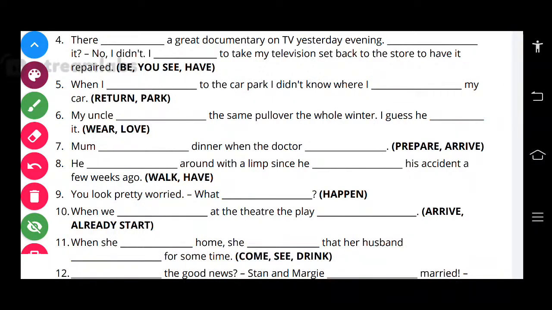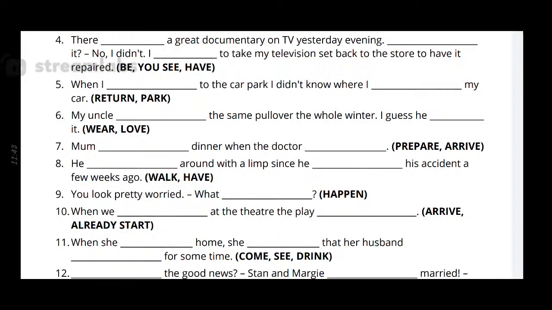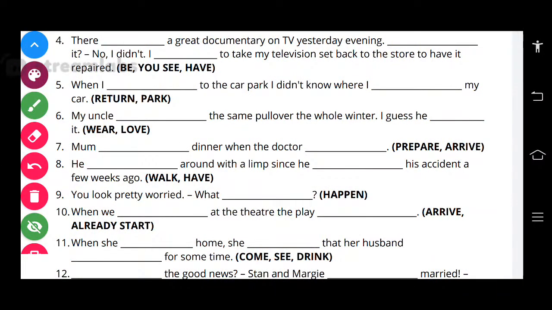Preparing dinner is a past ongoing action, and arrive is a completed action. Therefore, the answer is: Mom was preparing dinner when the doctor arrived. We have to say when the doctor arrived. So the seventh answer is like this.